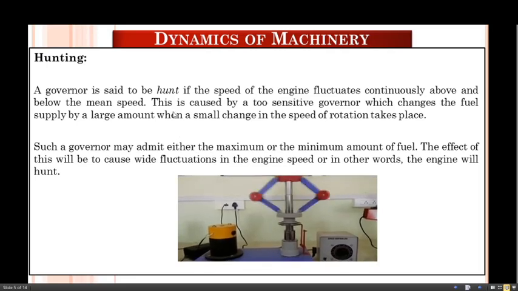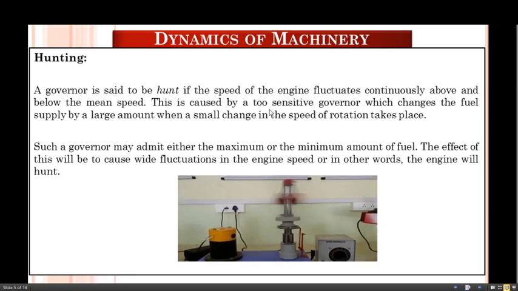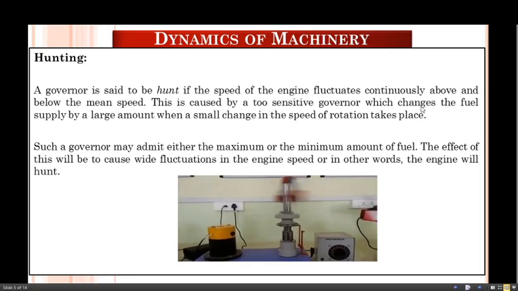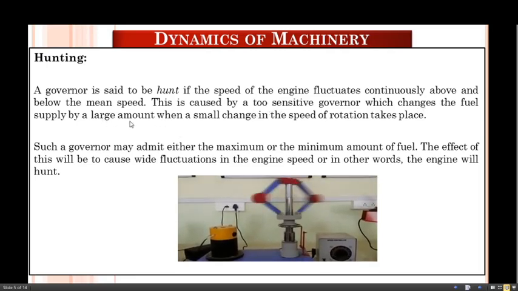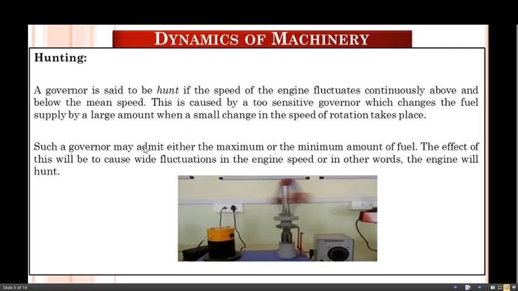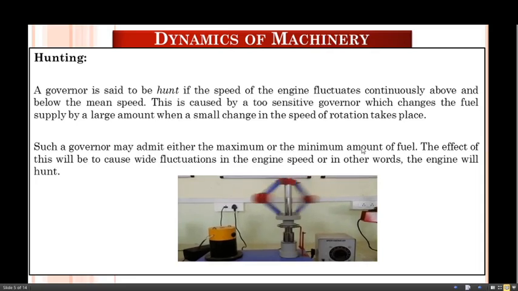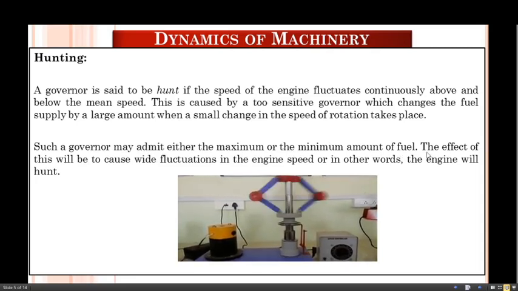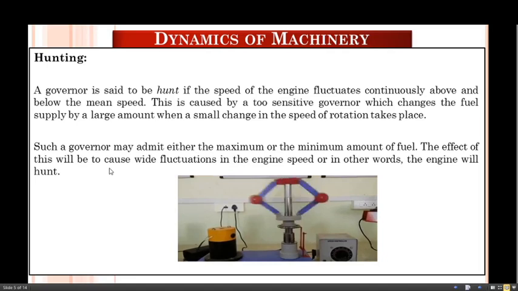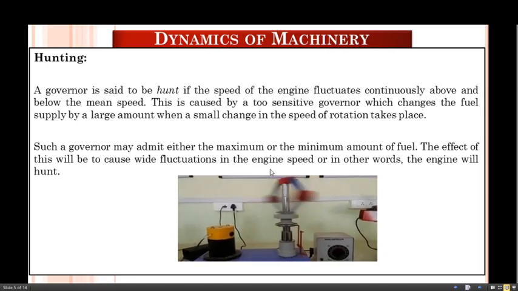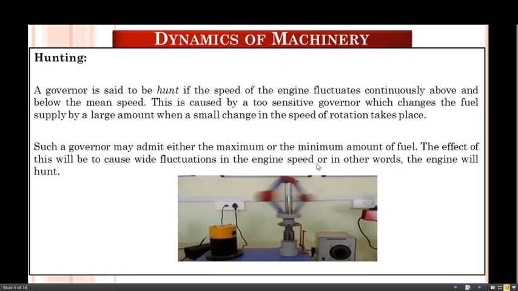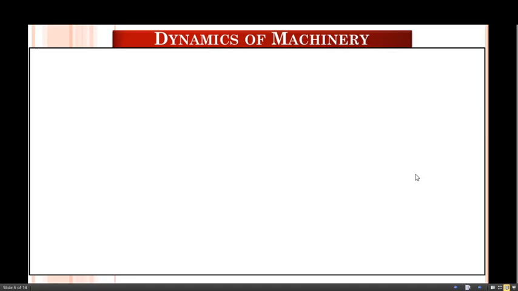Already I discussed that this is caused by a too sensitive governor, which changes the fuel supply by a large amount when a small change in the speed of rotation takes place. Such a governor may admit either the maximum or minimum amount of fuel. The effect of this will be to cause wide fluctuations in the engine speed, or in other words, the engine will hunt.